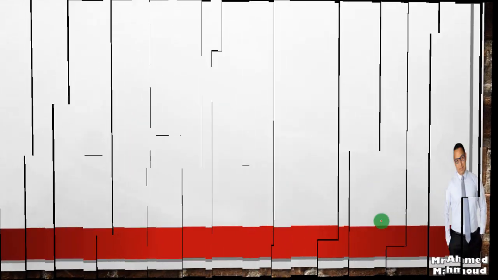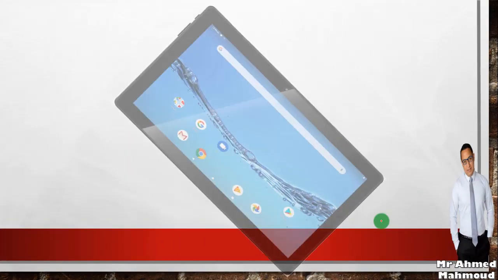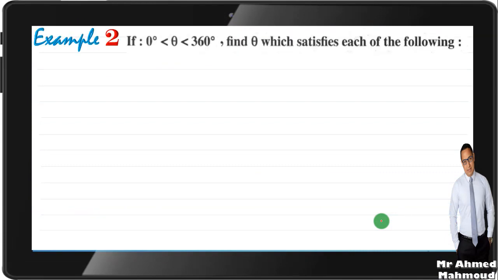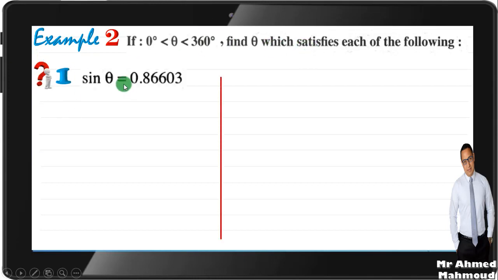Example 2 thus: theta between 0 and 360. So I will find all the possible values of theta which satisfy the following. Number 1, sine theta equal 0.86603.